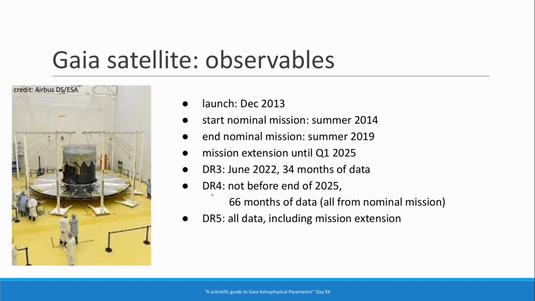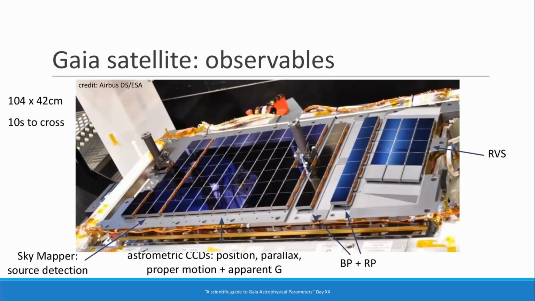That will come in data release 4, which is currently scheduled as not before the end of 2025. And this will contain all the data from the nominal mission. And then data release 5, where the date is not yet clear, will contain all the data, including the mission extension. Okay, so what does Gaia actually observe?